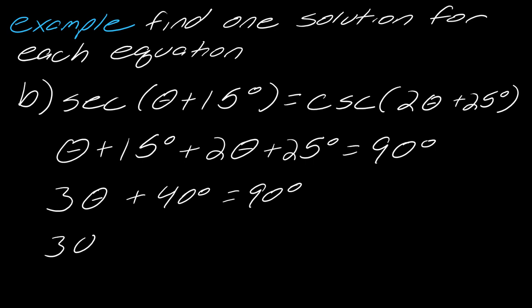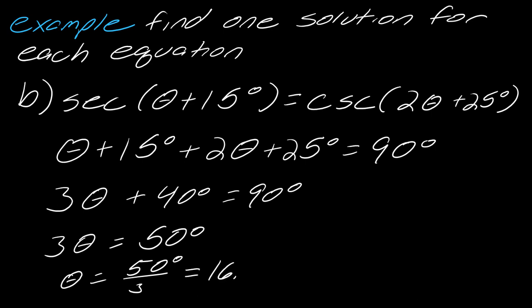And so then what I get is 3 theta is going to equal 50 degrees. So my theta will be 50 degrees divided by 3. And if you wanted to make that a decimal, that comes out to 16.67 degrees. And if you wanted to convert that to minutes and seconds, you could keep going with that, but I'm going to omit that here for now, just for the sake of time.